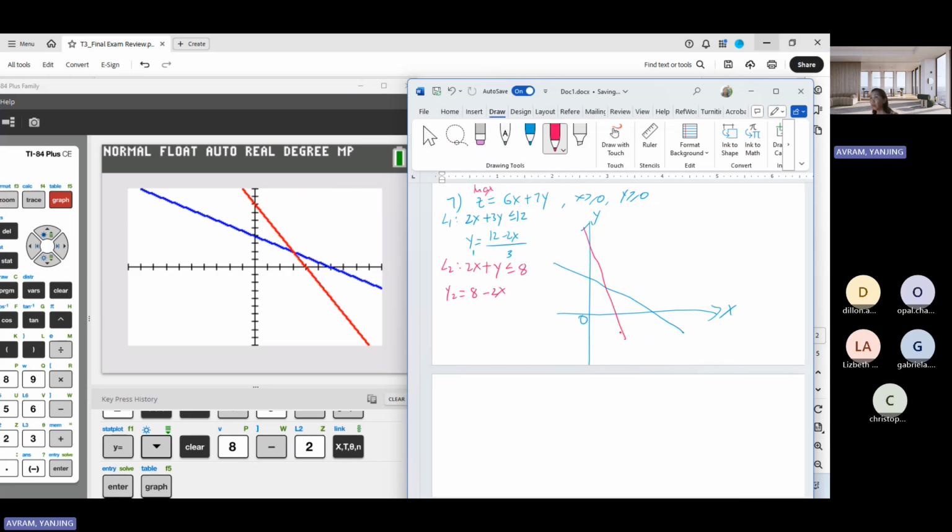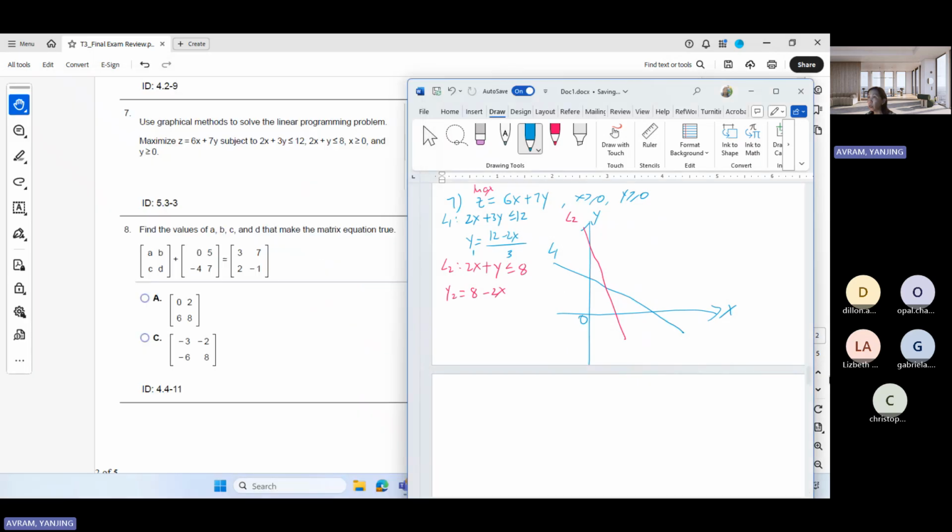All right, and then you can go to figure out the intercept in here. So this is your line 2 or your y2, okay? Line 2, y2, and then this is your L1 or your y1 in here. All right, so now you look to see which one will be the interest region. Apparently, this point 0 and 0 is not on the line, so that's why I like to use 0 and 0 as the testing point, right?